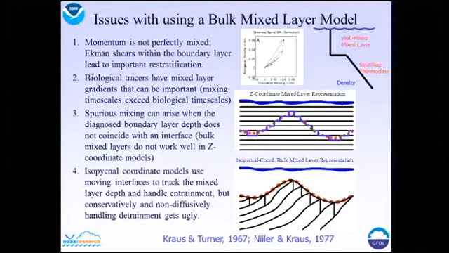And the third problem, and this is the one that really is the big issue for most climate models, is that you can get spurious mixing that occurs whenever the depth of your boundary layer doesn't exactly coincide with the levels of your model. So in a z-coordinate model, if you have a 10-meter resolution, your boundary layer can be 20 meters deep or it can be 30 meters deep, but it can't be 25 meters deep, effectively.